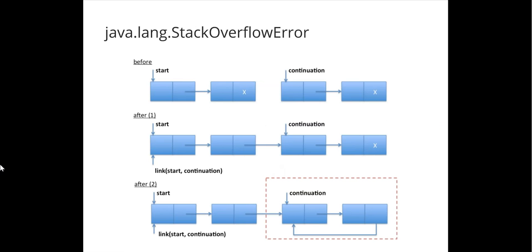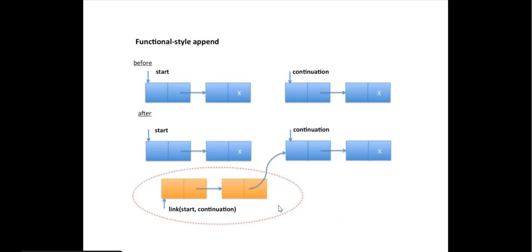Once you call this method again, what happens is that you actually have to iterate through all the onward journeys, reach the end, which is now the continuation journey, and link that up with continuation itself. So we introduce a cycle here in train journeys. And as we'd like to print the prices one by one, we end up iterating forever. And if that's done recursively, that would produce a StackOverflow error.